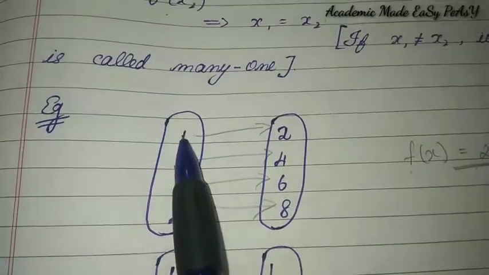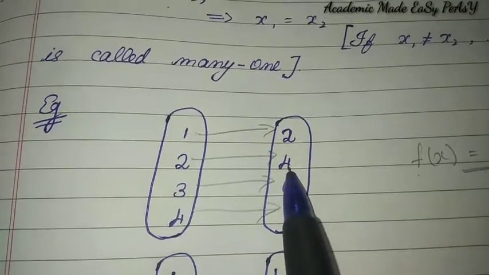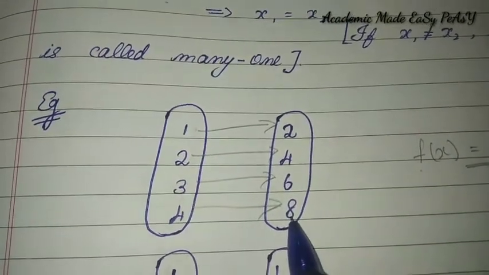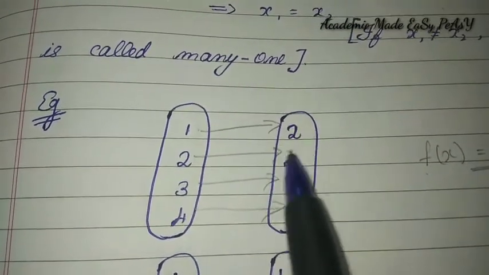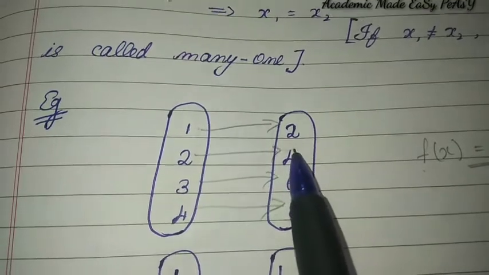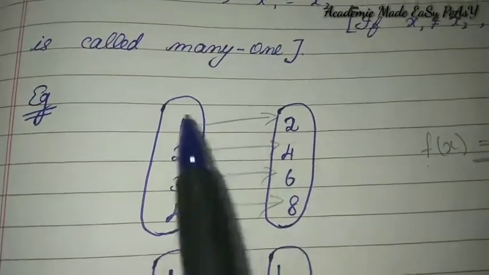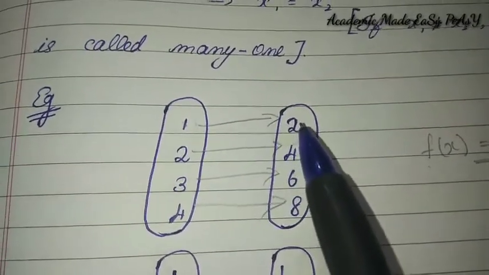One element from here is mapped to one element, and one more element to one element only. No two elements are sharing one element in this codomain or range. So then it is called a one-to-one function. From one element to one element, it is called a one-to-one function.